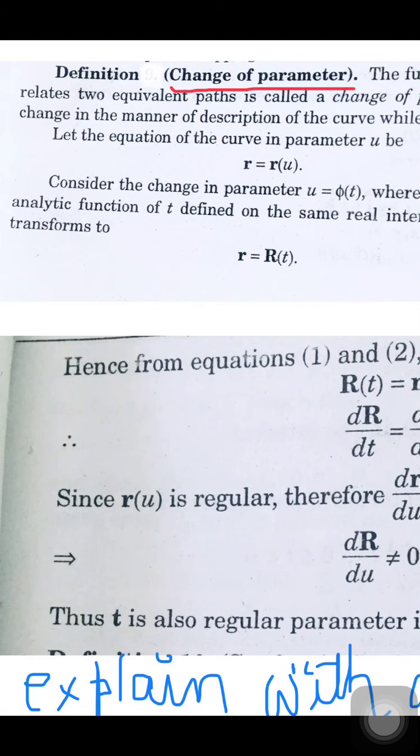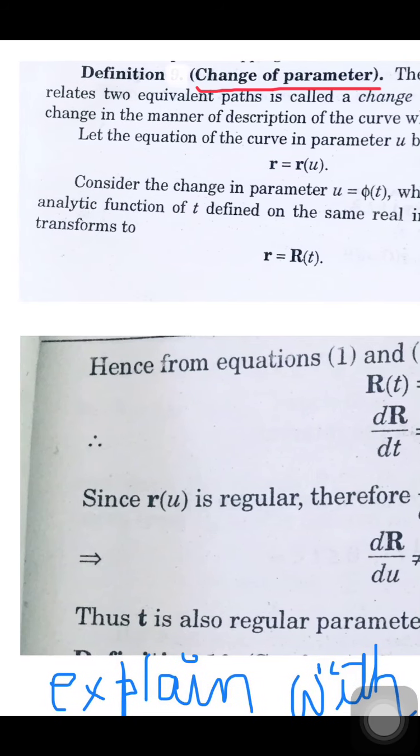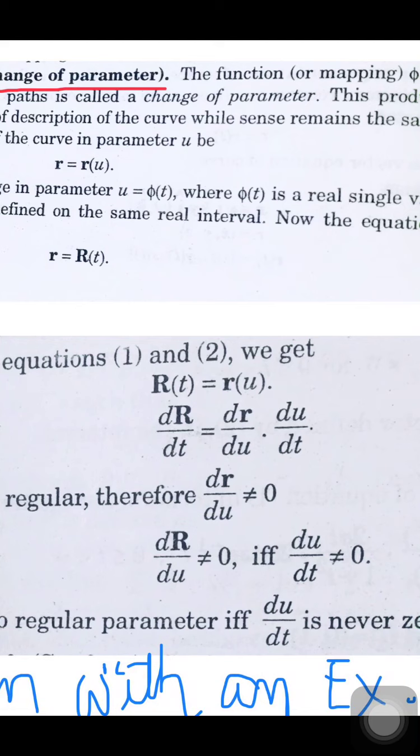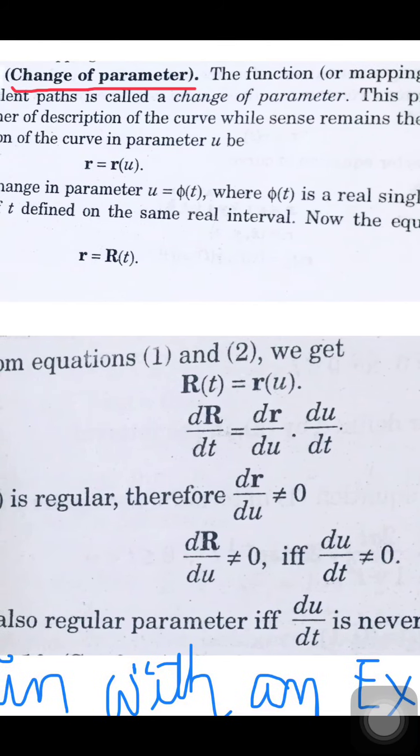Okay, so now how do we write it? From equations 1 and 2 we get capital R of t equals r of u, because the left hand sides of 1 and 2 are the same, so the right hand sides should also be equal. Therefore capital R of t equals small r of u.